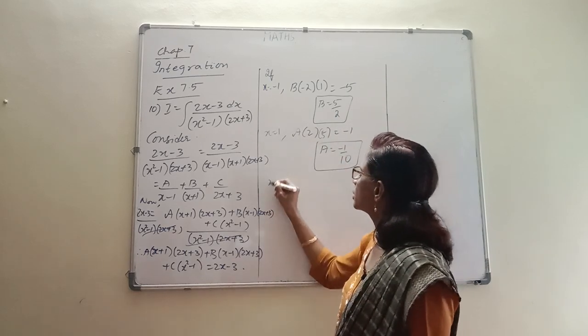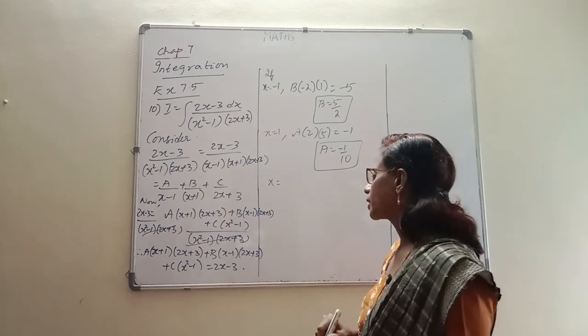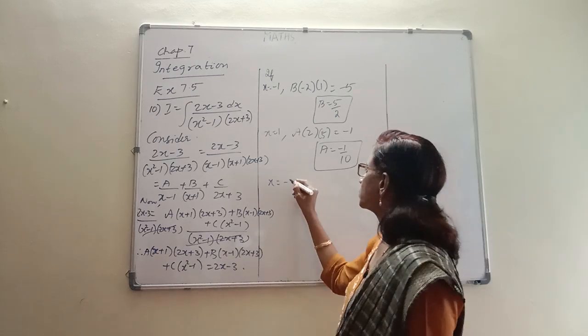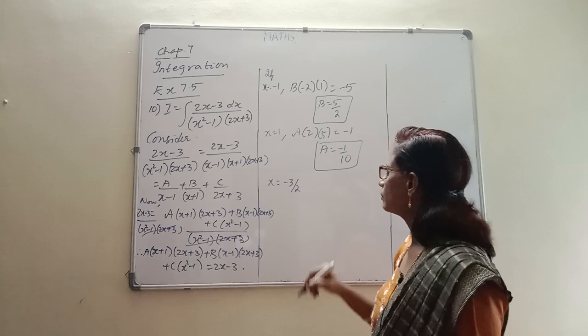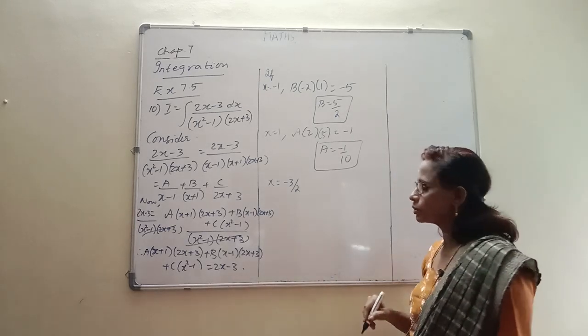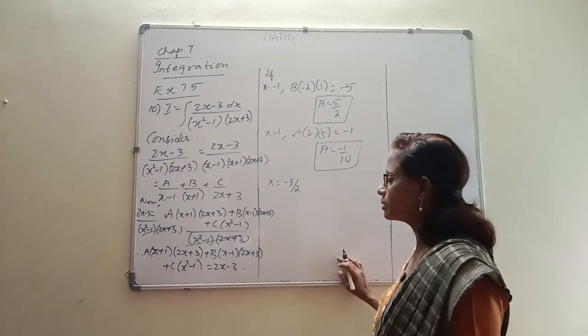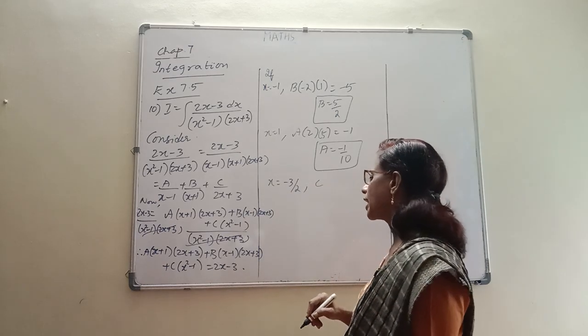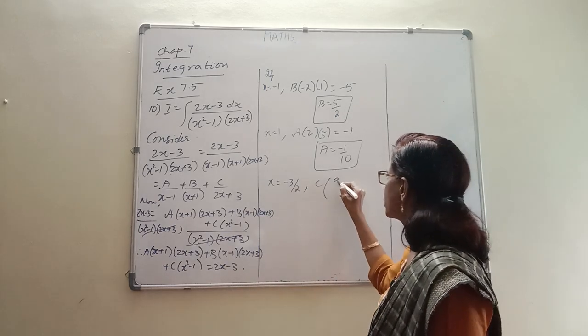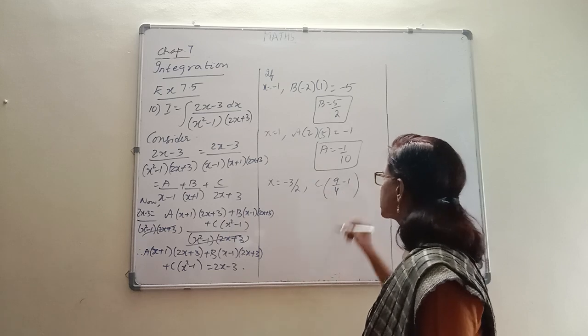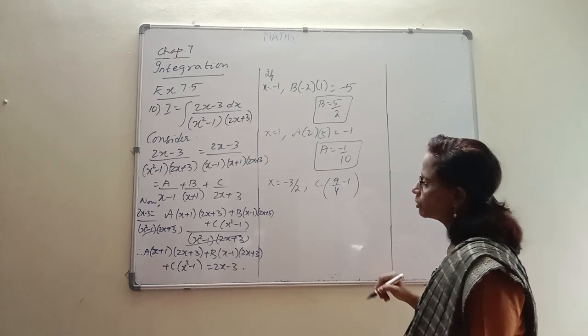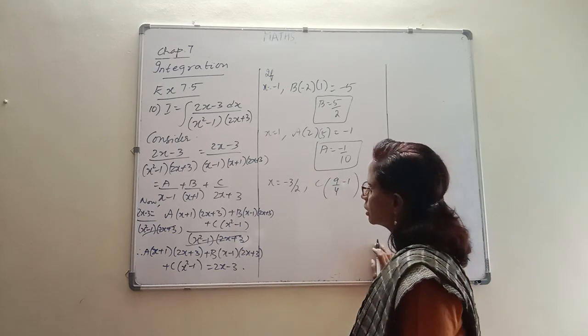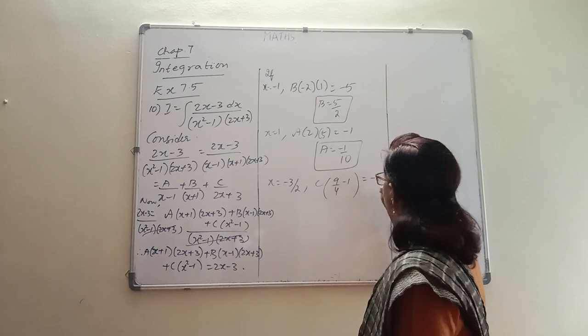Now we can take x as negative 3 over 2. If x is negative 3 over 2, A won't survive, B won't survive, but C will survive. So you will have C times 9 over 4 minus 1. And on the other side, it will be negative 3 over 2 times 2 is minus 3, minus 3, minus 6.